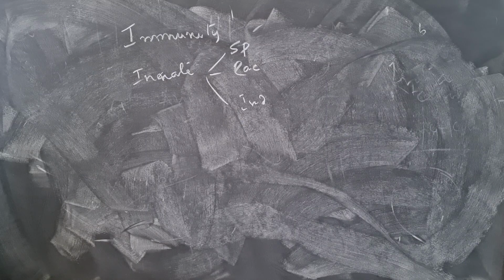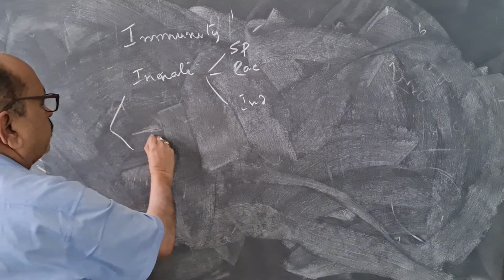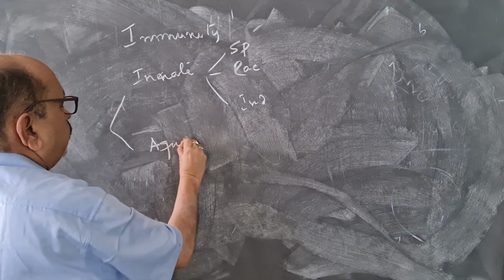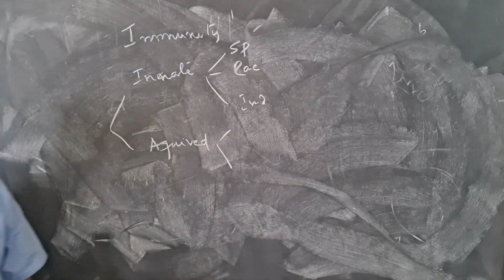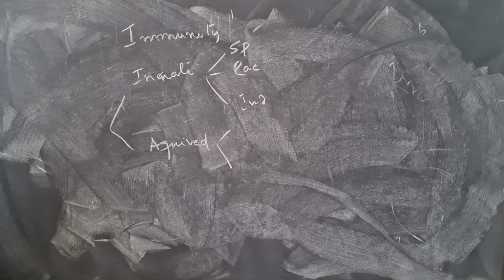So innate and acquired. Innate is further classified into species, racial, and individual. Acquired is classified into active and passive.